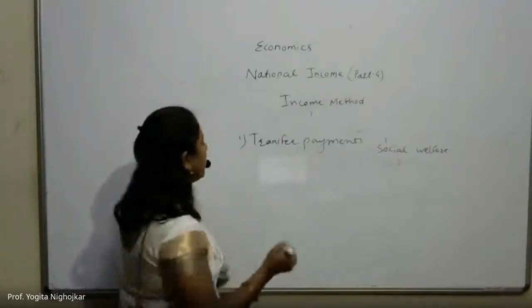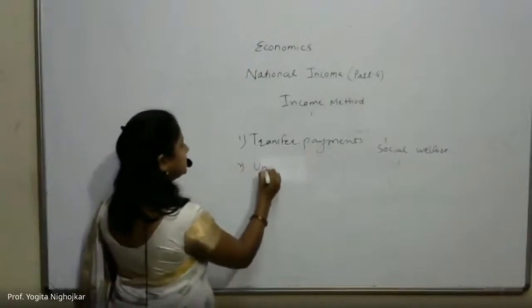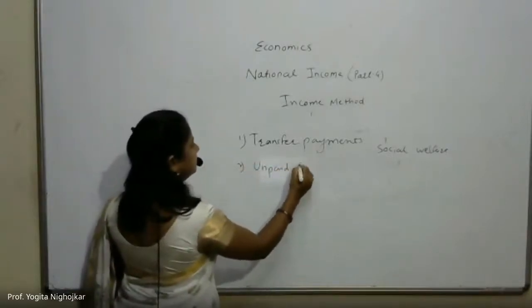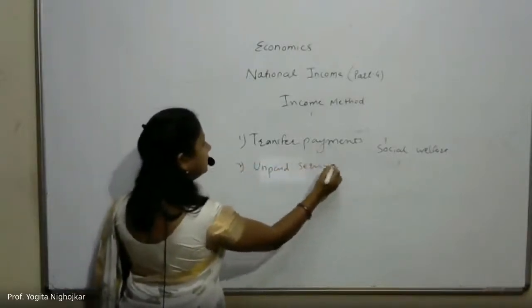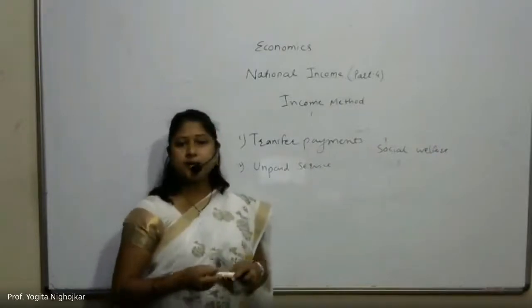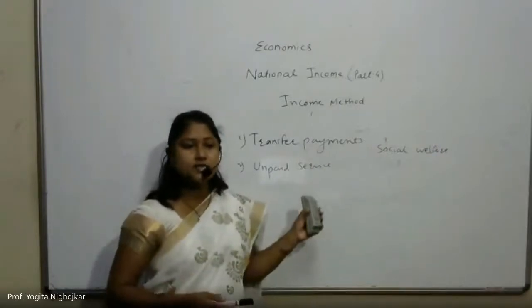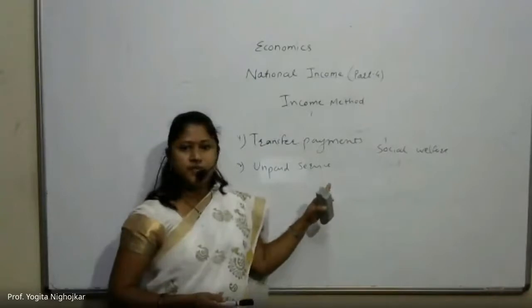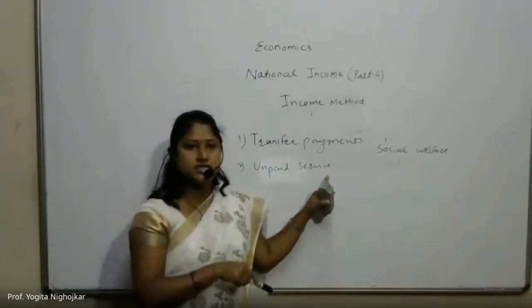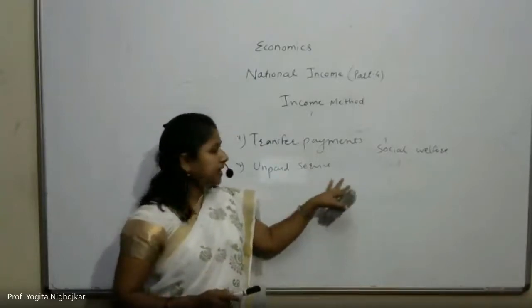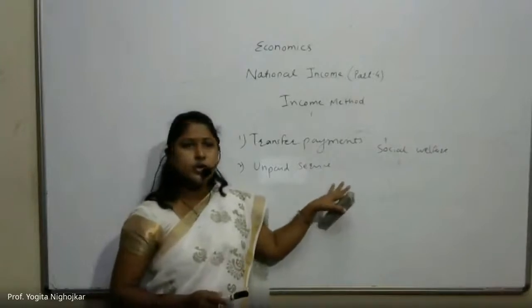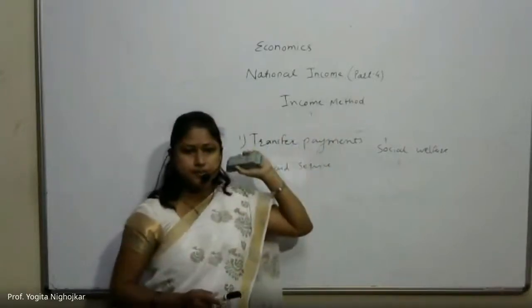Okay, next point is unpaid services. All unpaid services like services of a housewife, or a teacher teaching her or his own child should be ignored. It is not included in national income. Right?